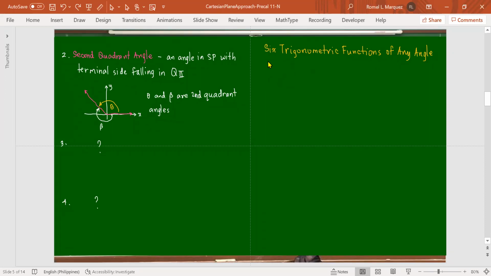Now to define these 6 trigonometric functions, we need, of course, an angle and a point on the terminal side of that angle.